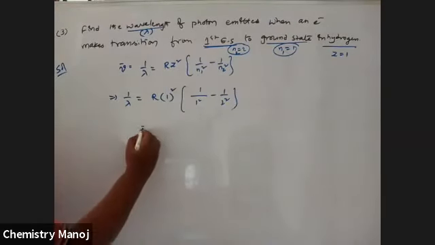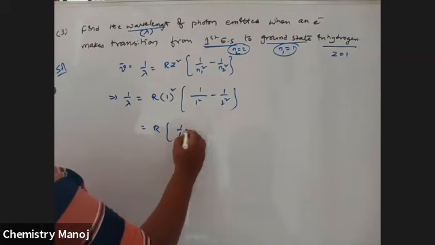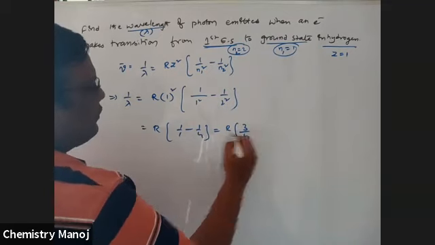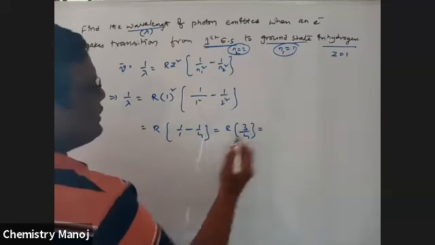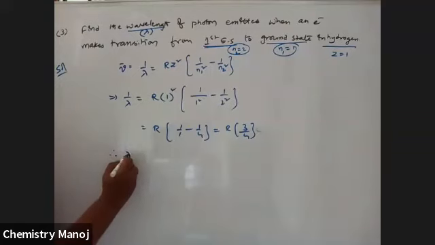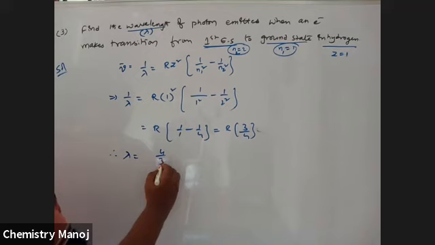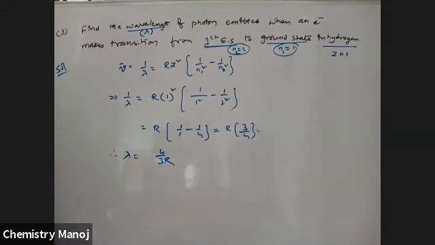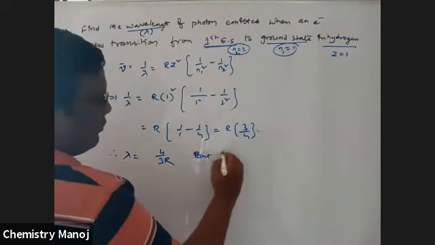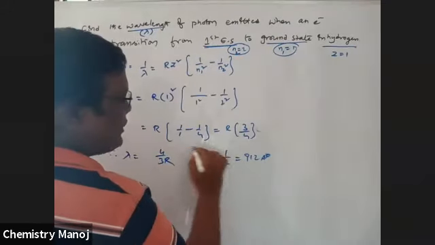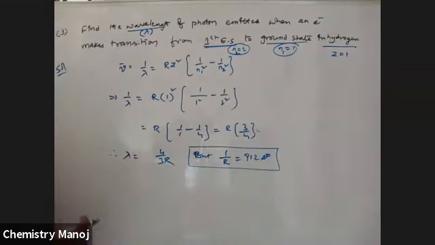So it is 1 by 1 square minus 1 by 2 square, that is equal to R into 1 minus 1 by 4, that is equal to R into 3 by 4. Therefore, lambda is equal to 4 by 3 R. But 1 by R is equal to 912 angstroms, please keep in mind.